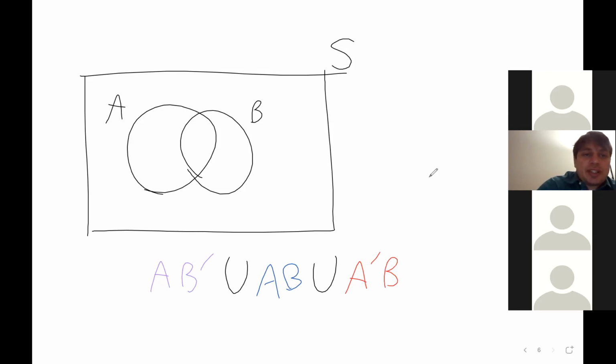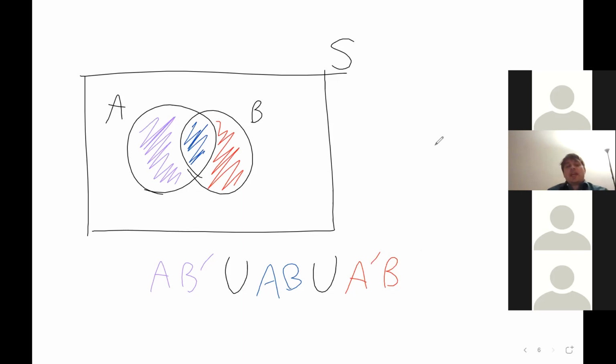AB prime is everything in A that's not in B. That's this. AB is the elements in both sets A and B. It's that. And then A prime B is everything not in the circle A, but in B. And so you get that. So that's AB prime union AB union A prime B. And so what is the union of those three sets? It's A union B. See that? So A union B is equal to AB prime union AB union A prime B. Very simple.